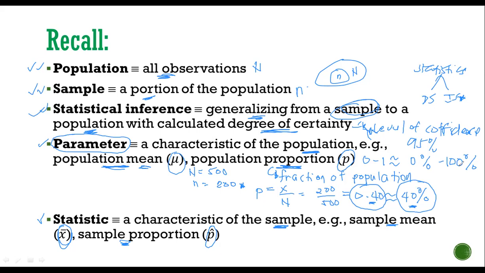I hope you were able to distinguish kung ano ang kaibahan ng population mean sa population proportion. Next, let's try to relate statistic and parameter in terms of statistical inference.